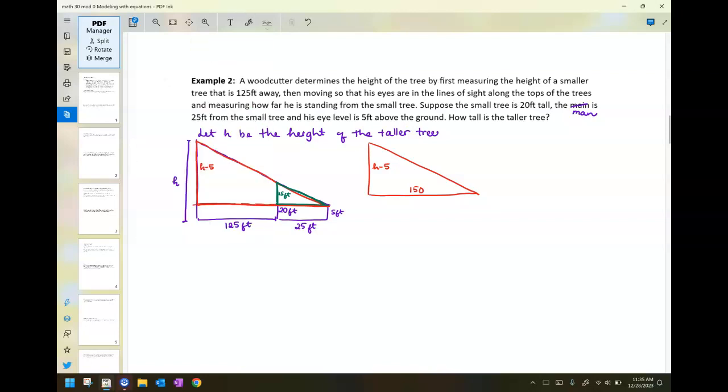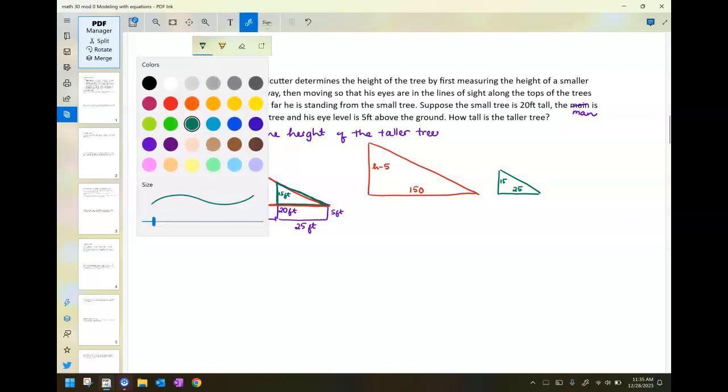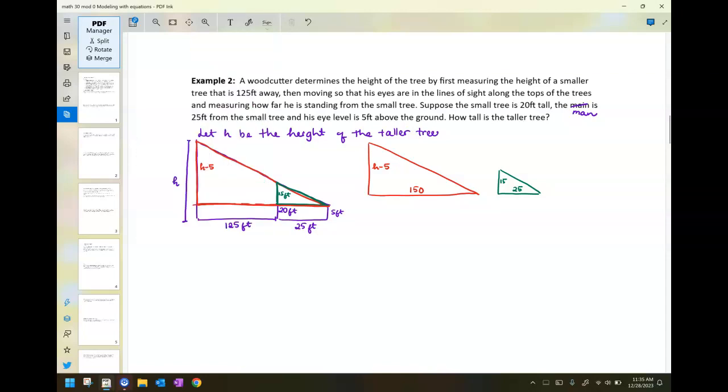In the smaller triangle, we have 15 feet. The distance from the smaller tree to the man is 25 feet. I can set up this proportion: H minus 5 over 150 is equal to 15 over 25.